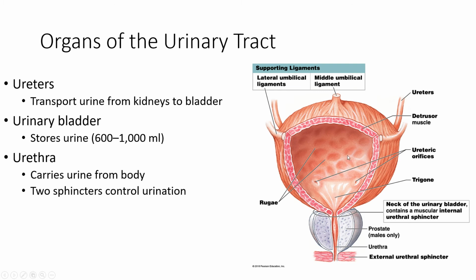A moderately full bladder is about 5 inches, and it can hold about 500 milliliters on the lowest end, up to 1 liter of urine. It can burst if you overdistend it. So that's a key thing about the bladder, okay?